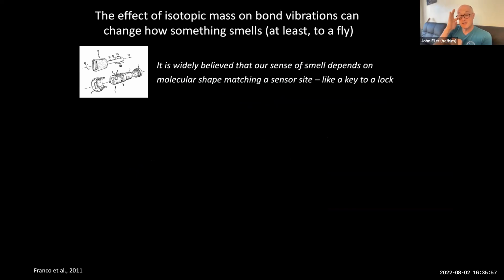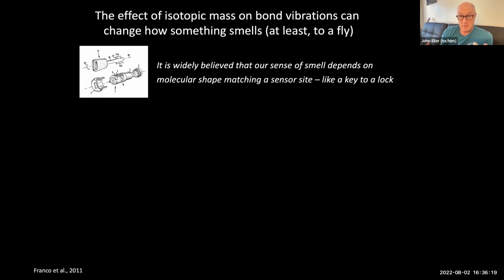Here's another crazy little factoid. It's hard to know exactly what to make of it, but it's one of the funner things I've ever encountered in studying stable isotopes, and I've done this a long time. And that is that isotopic substitution changes the way chemicals smell. Maybe not to us, I don't know if we're sensitive enough to notice it, but it works for flies anyway.